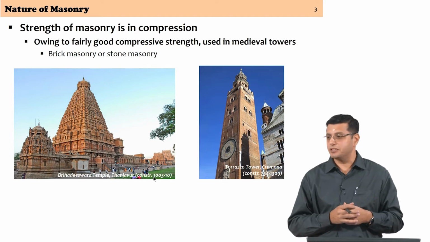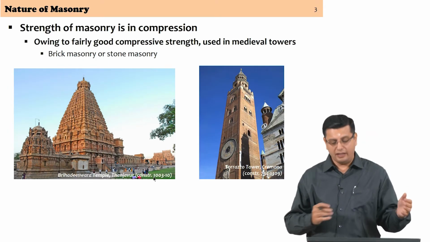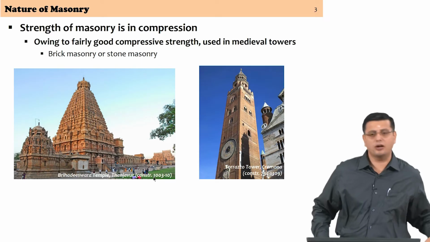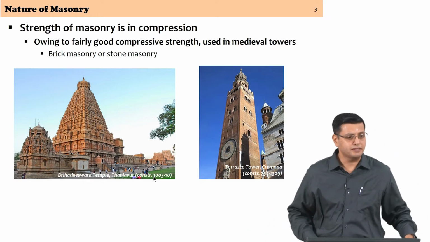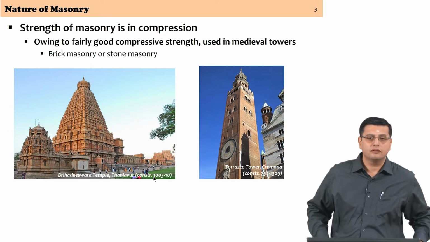I need to make some assumptions. You can plug in some numbers and try to look at it. If I were to assume that it's only under gravity forces, I am not assuming the presence of other actions now. Let us assume the density of brick to be about 1800 kg per meter cube.